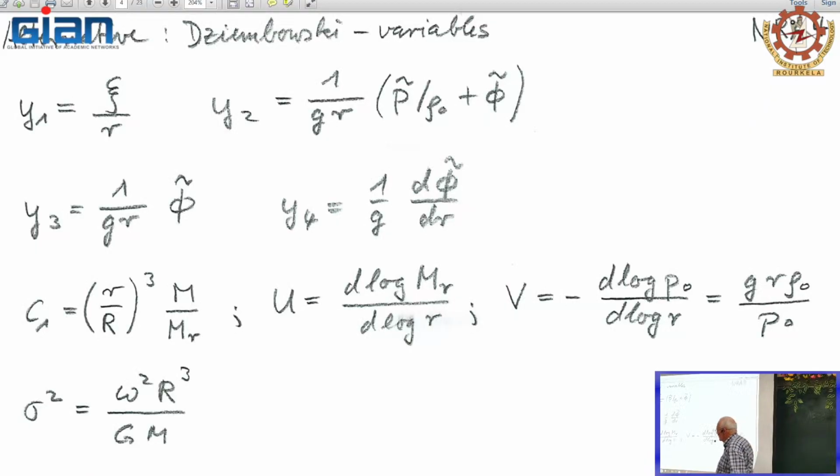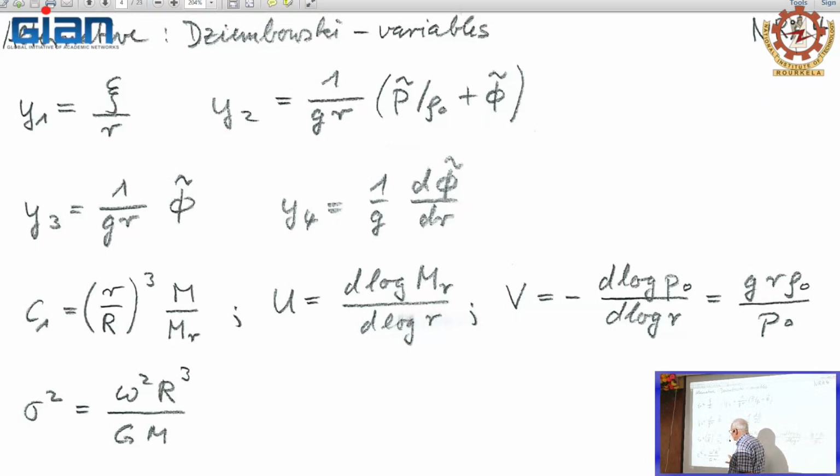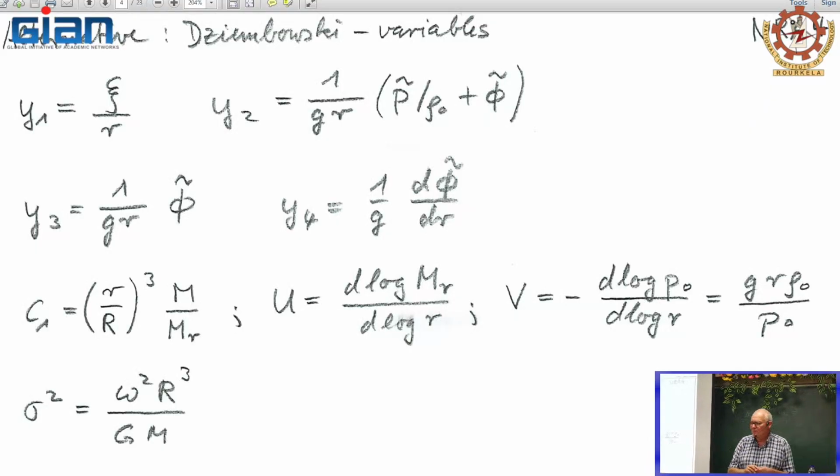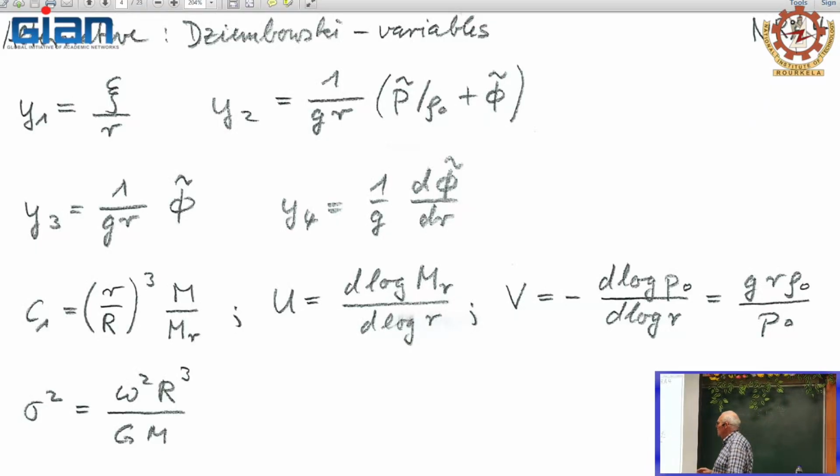And he uses a slightly different dimensionless frequency sigma. It's given by omega squared over the density. Well, it's essentially the normalization by the dynamical timescale, but it involves another numerical factor. So there's not much difference.